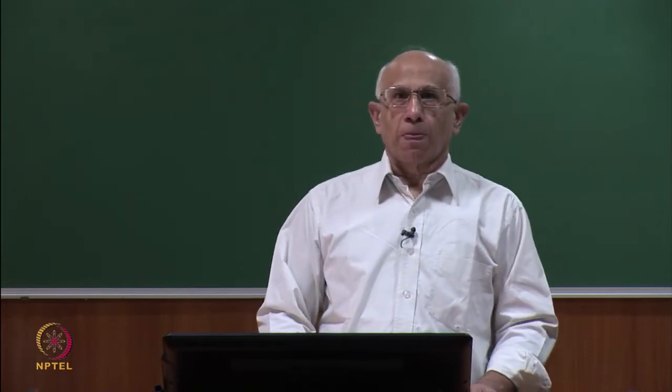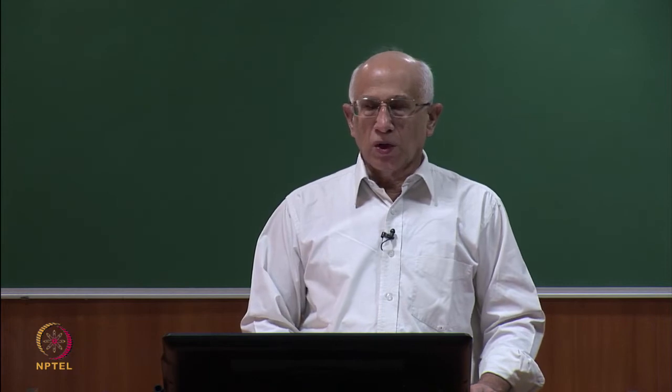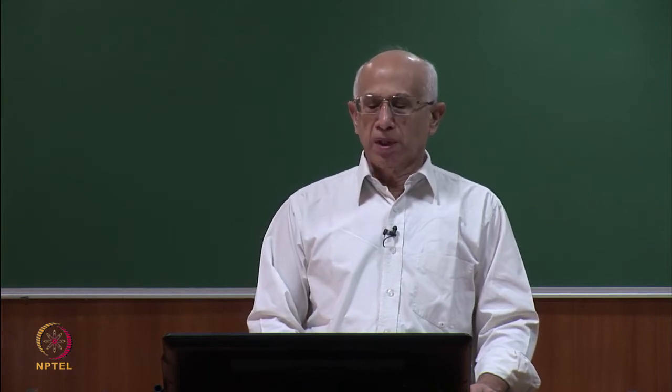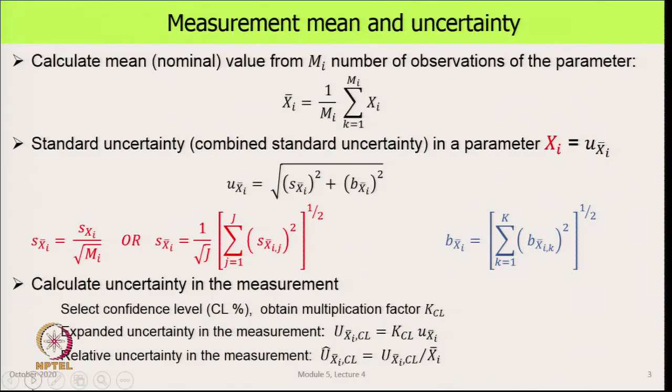To summarize, the process of estimating measurement mean and uncertainty takes the following steps. First, we calculate the mean or the nominal value from the various number of observations of the parameter. The simple formula from statistics is what we use.